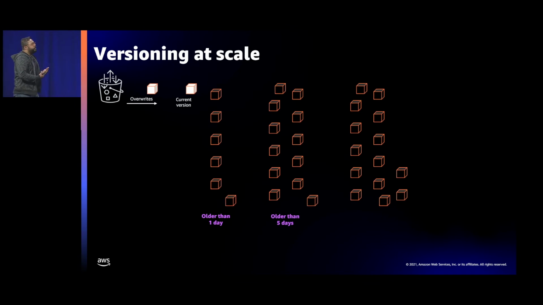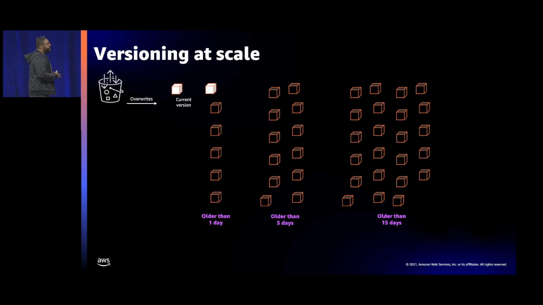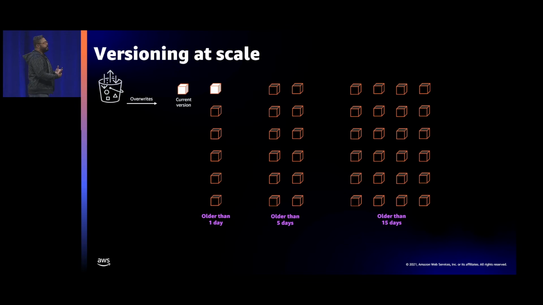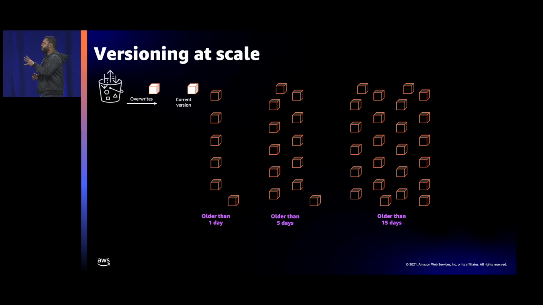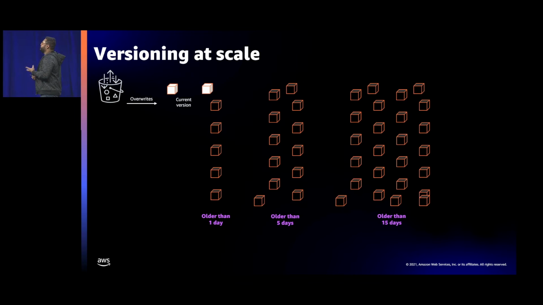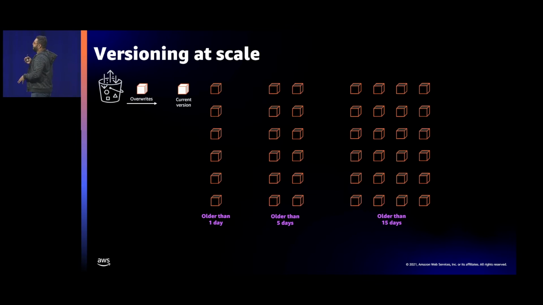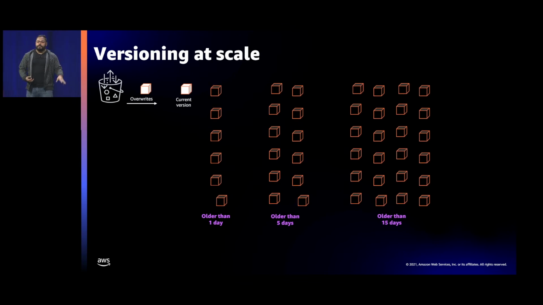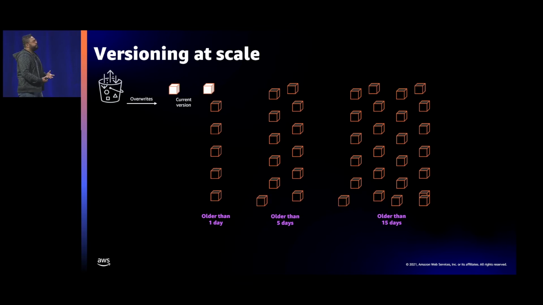So often we hear that non-current versions keep accumulating, and they need a way to optimize for cost and not pay extra storage for all of these non-current versions. In this example, with constant overrides every single second, I'm generating versions across the board and they get older.